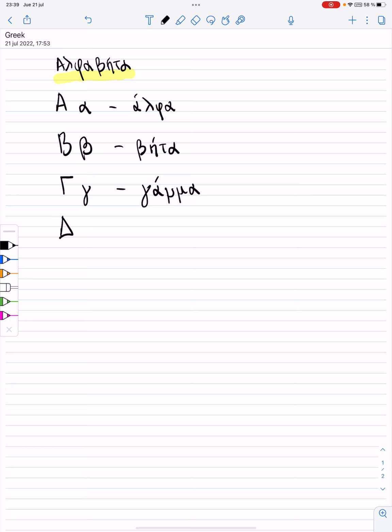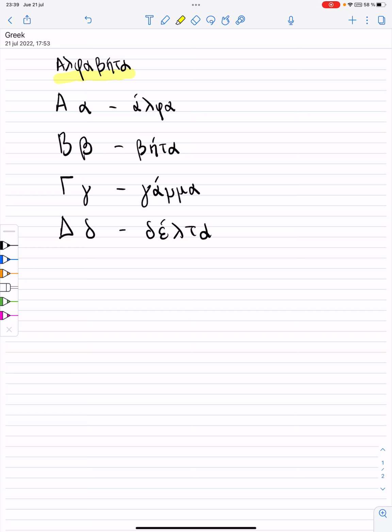So this is another word that differs. So I'll give you the modern pronunciation right now. The modern pronunciation for this is like the English word the. So this would be délta, right? Whereas in classical times it was d, like dark.